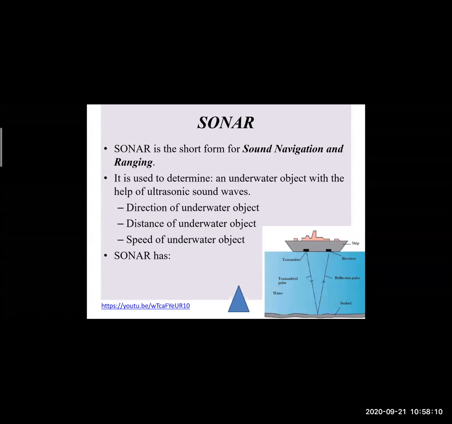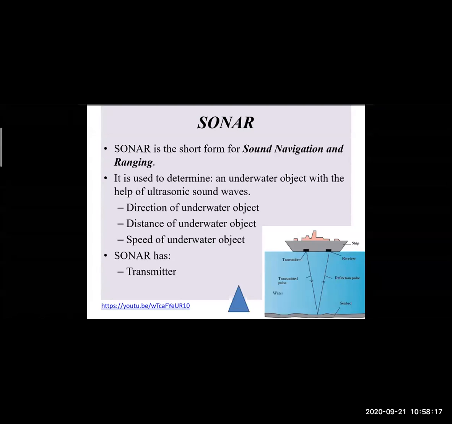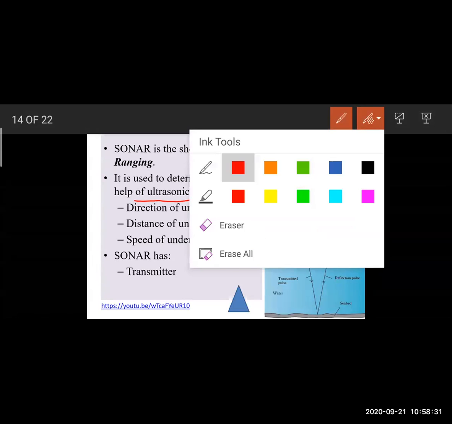In this sonar technique, there are two main instruments. First is the transmitter. The transmitter is used to produce ultrasonic sound waves and to transfer that ultrasonic sound into the water.